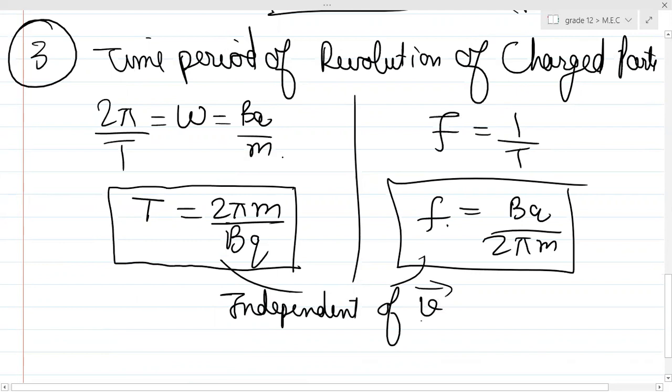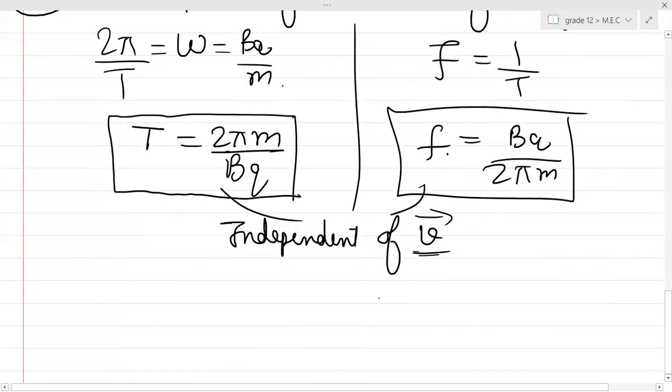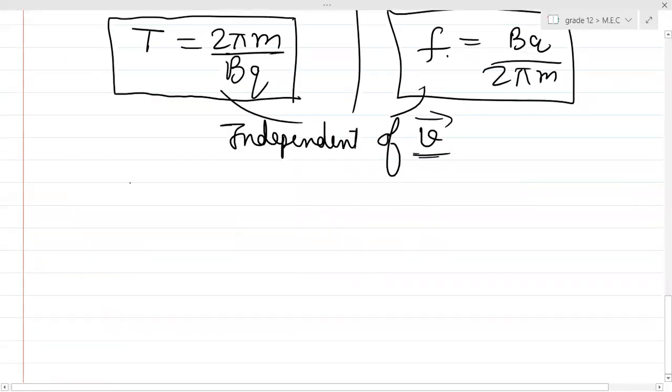And when I say velocity, the direction as well as the speed doesn't matter over here. Even the direction of projection is not important, and even the speed is not important. So that implies what? I have a magnetic field which is acting into the plane, and let me throw two particles.